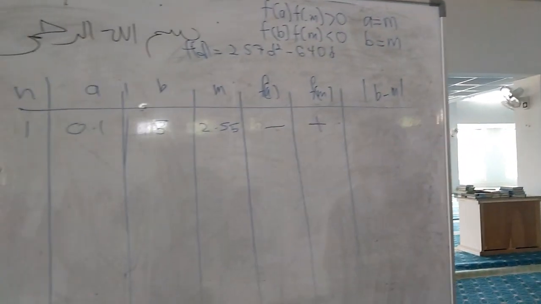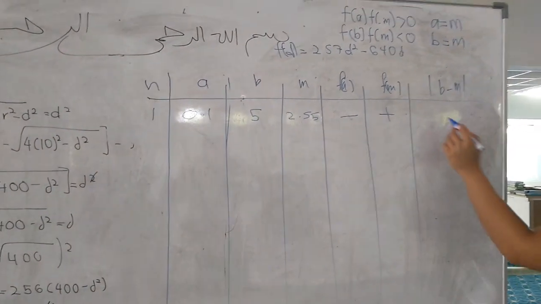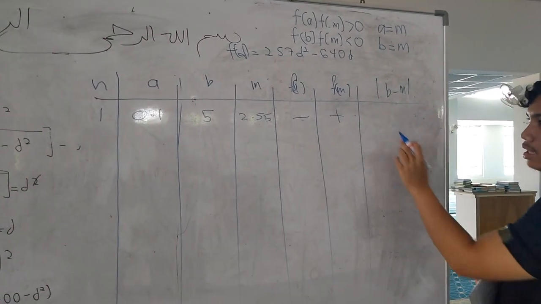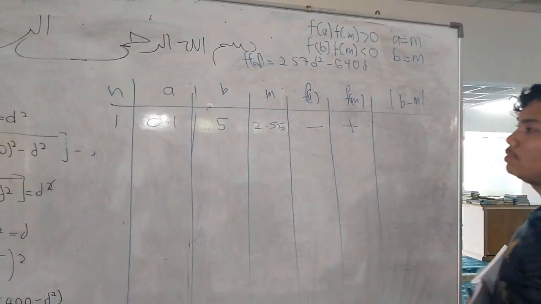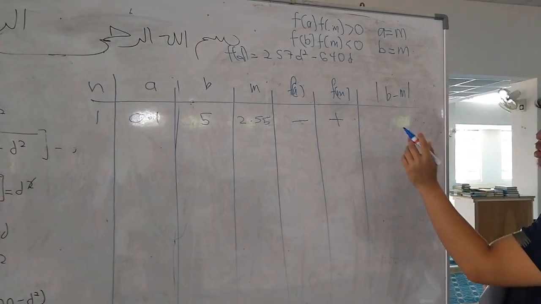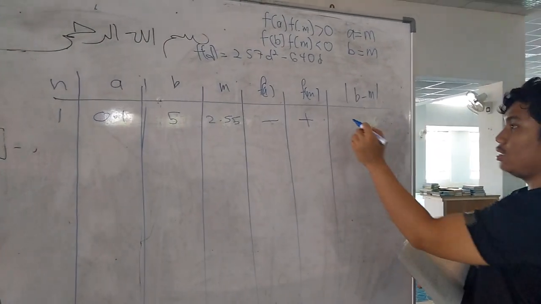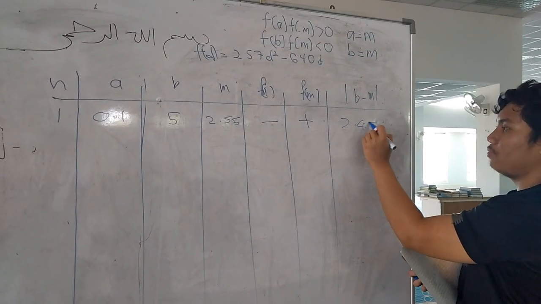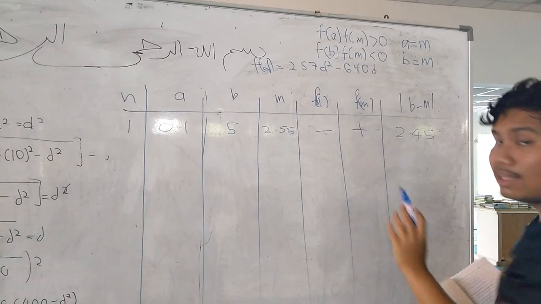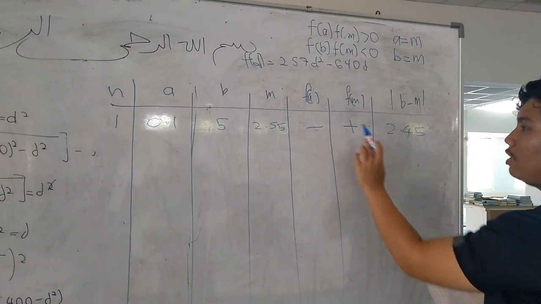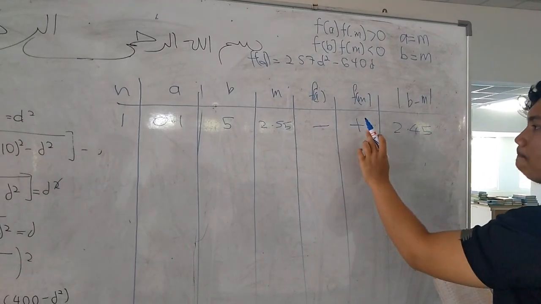Okay. So this is the error. This error is B minus M. So we will get the negative.